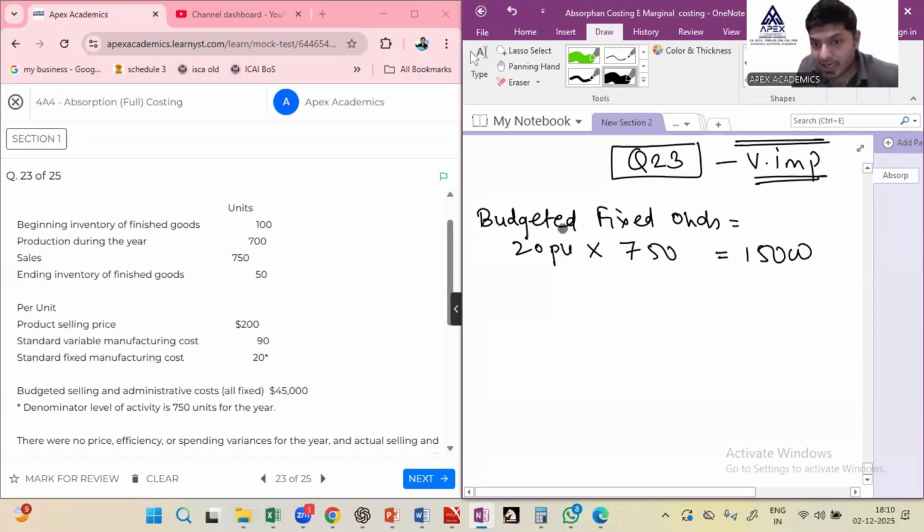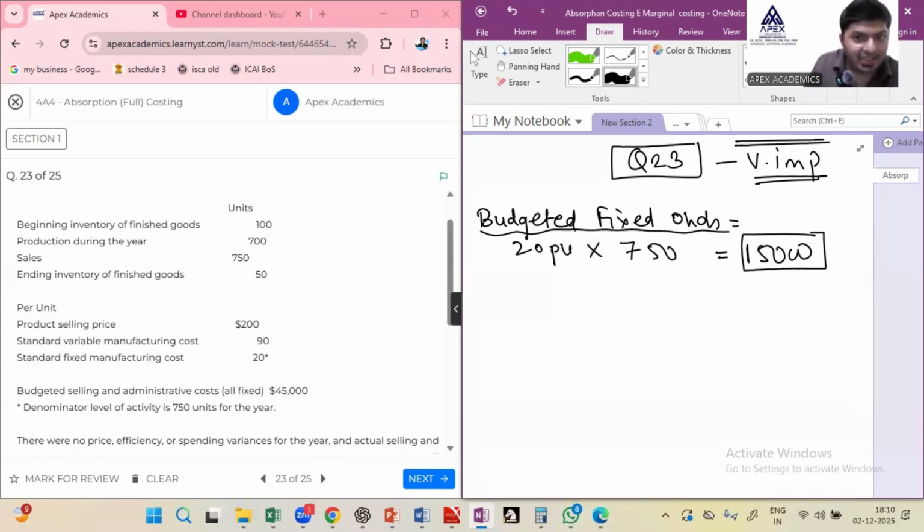In this year, I have a budget of 15,000 with respect to my fixed overheads. While my denominator level of activity is 750, I have produced only 700 units.